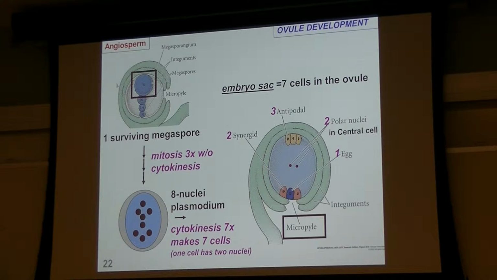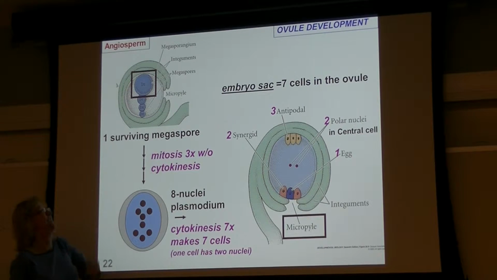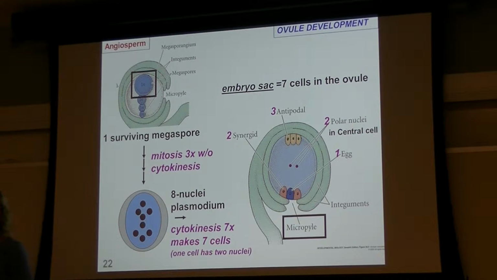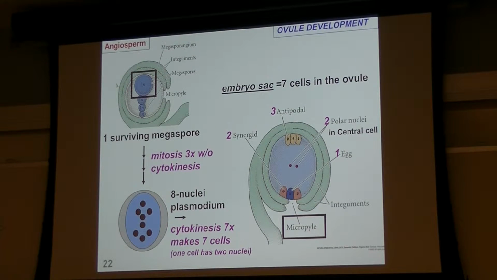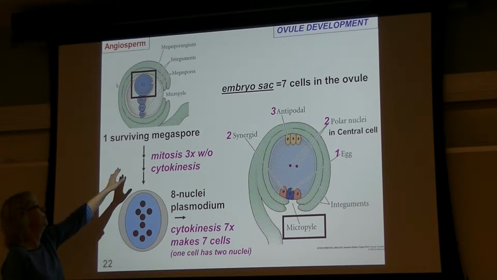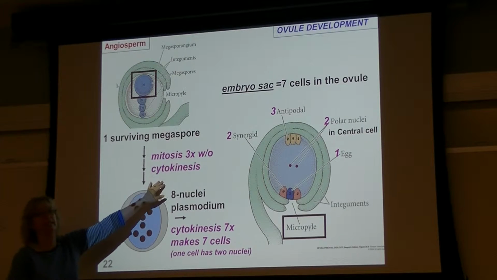Okay, so this megaspore, it's haploid, and now it's going to go through the business of making the multicellular female gametophyte. And it does it in kind of an odd way. What it does is it's first going to cause the nucleus of that megaspore to replicate, but we're not going to get cytokinesis.